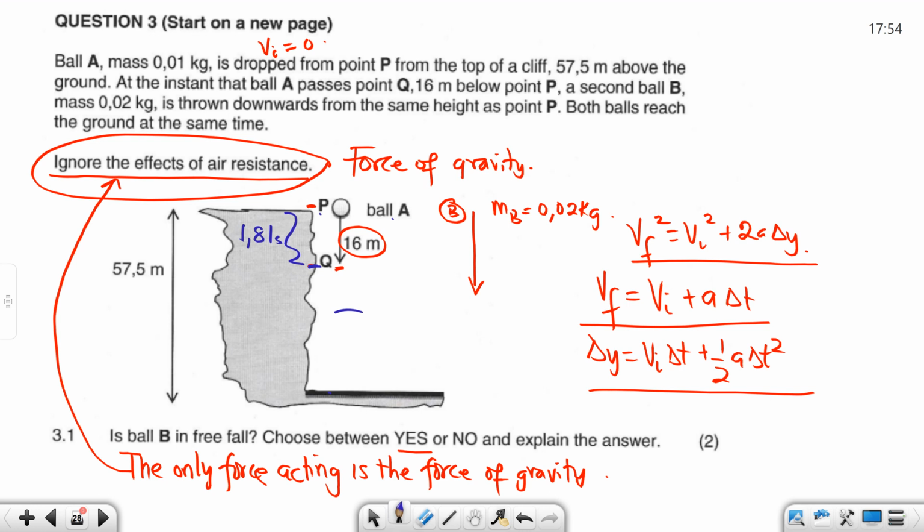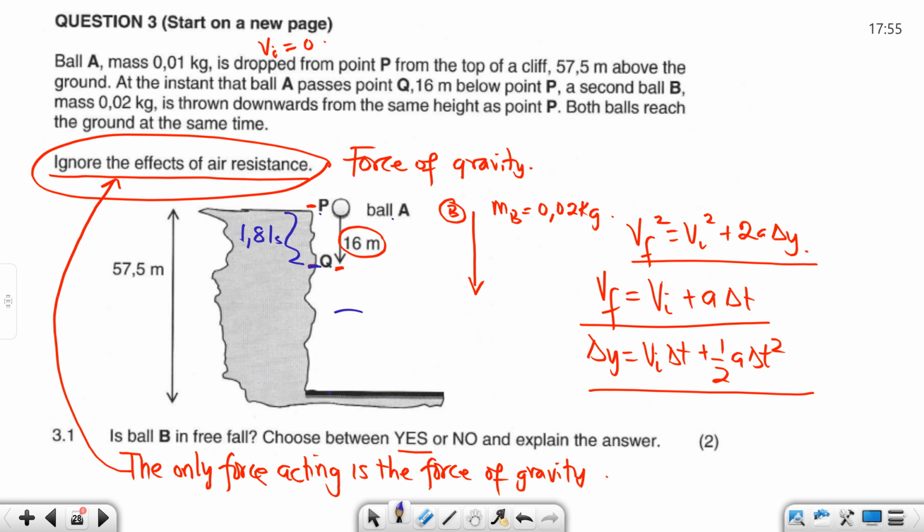Let's make a list. We need to find the time it took ball A so that we can get the time it will take B, because they both hit the ground at the same time. So let's find the time it took ball A. Everybody, you have your information.